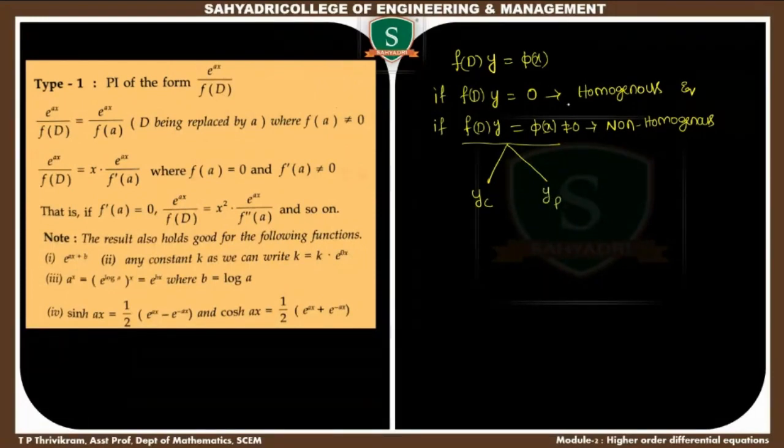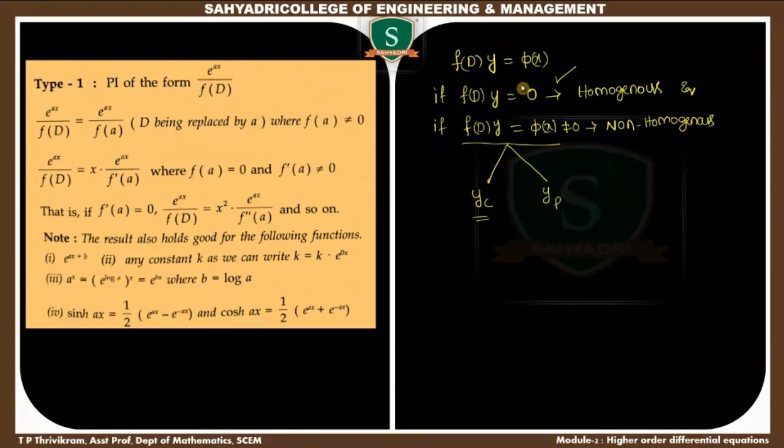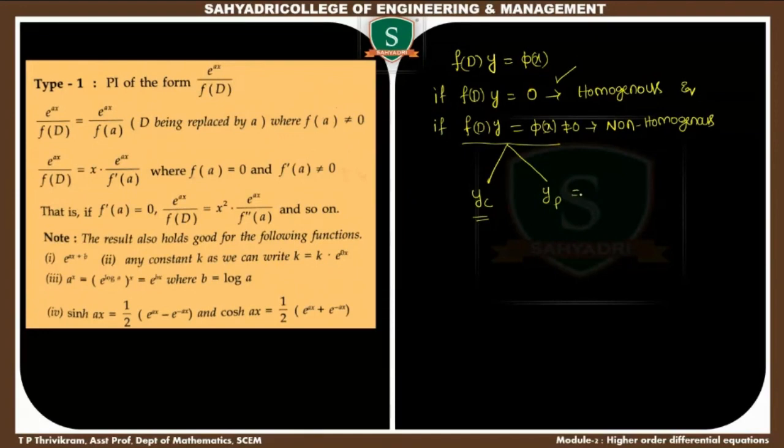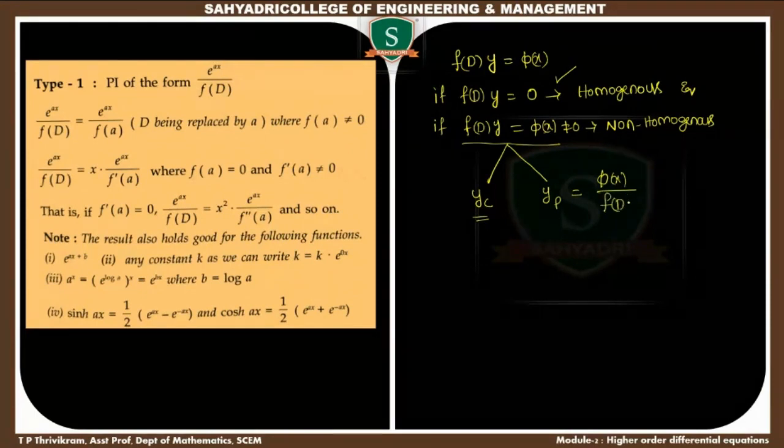The complementary function we find as usual from the homogeneous equation, so we equate the left hand side to 0 and continue like the previous method. But for the particular integral, we take yp equal to phi of x divided by f(D), where f(D) is the operator coefficient of y on the left hand side.